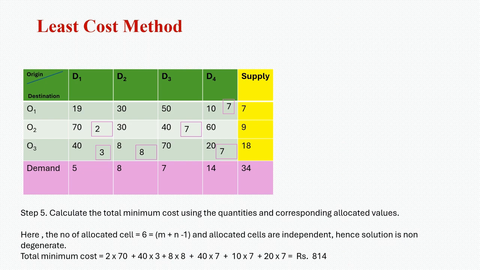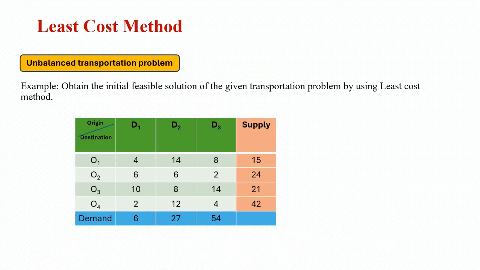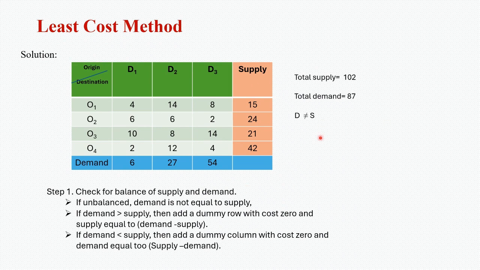Example: obtain the initial feasible solution of the given transportation problem by using the least cost method. Solution: this is the table. First, check for balance of supply and demand. Total supply is equal to 15 plus 24 plus 21 plus 42, which is 102.